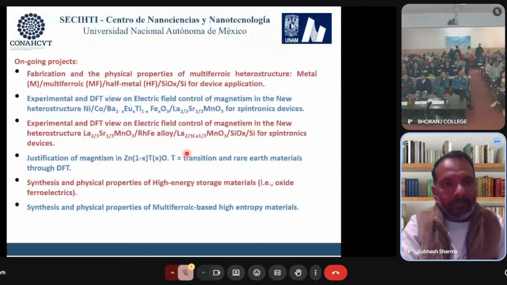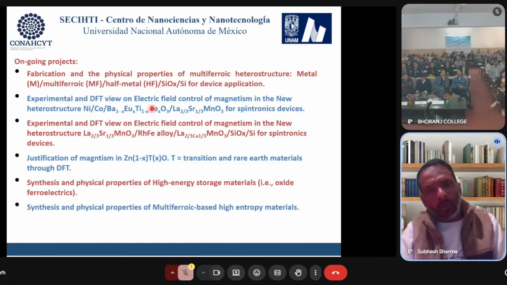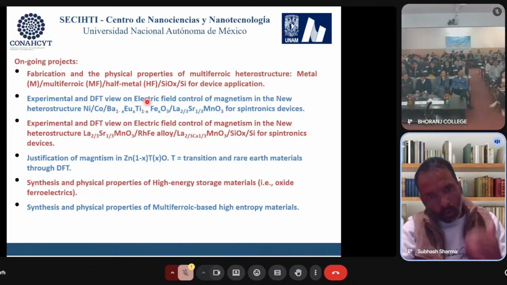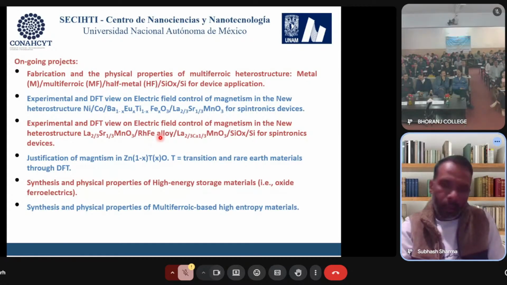Sandhu. Presently I am working on these projects: fabrication and physical properties of multiphase heterostructures, and an experimental and DFT view of electric field control of magnetism. This is very important, how we can control magnetism by electric field to go towards spintronic devices. Then, experimental view and DFT of different heterostructures: LSMO and a metallic rhodium-iron alloy.